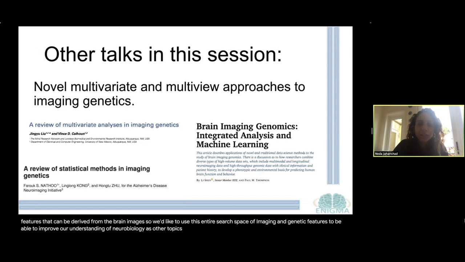As other talks in this session focus on more multivariate and multi-view approaches to imaging genetics, here are a few reviews, not necessarily related to the specific talks coming up, but just other reviews that might be helpful.